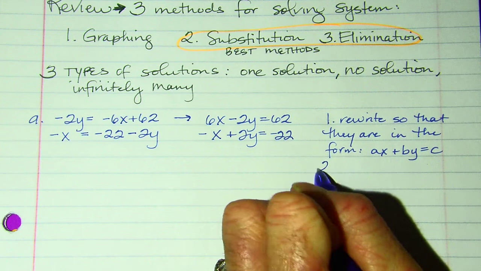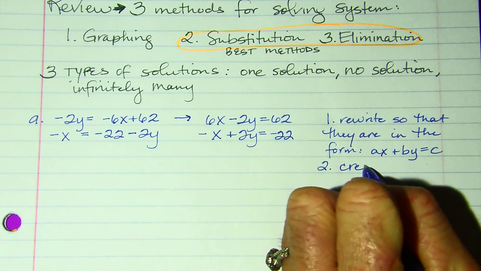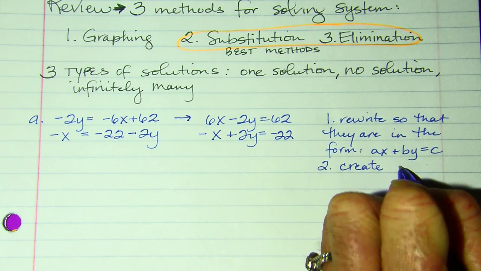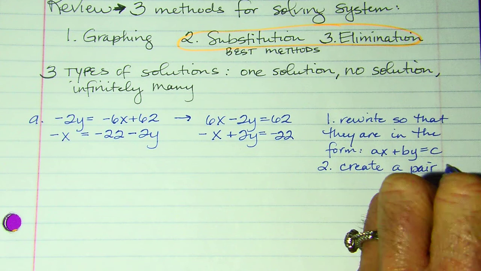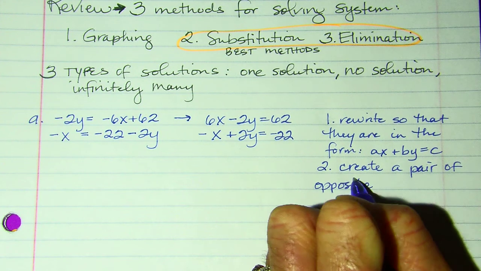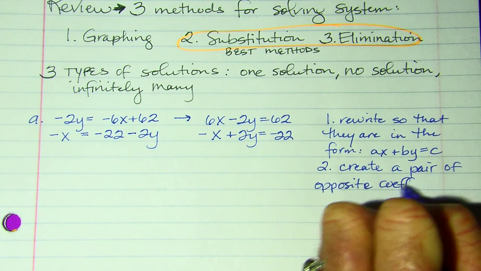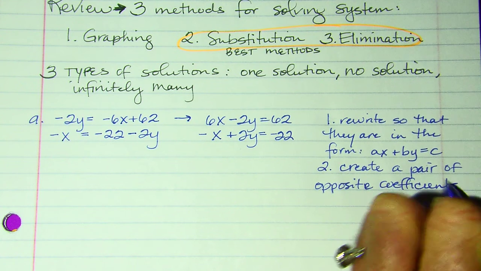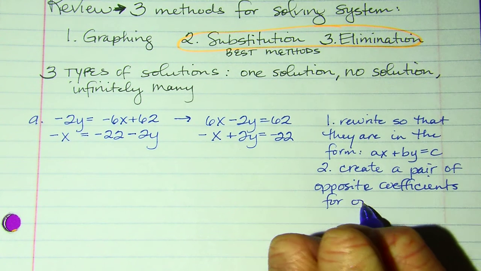Step two is to create a pair of opposite coefficients for one variable.